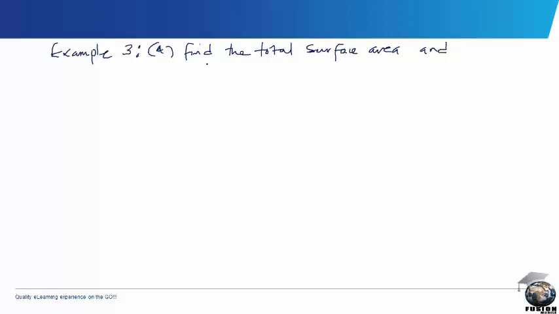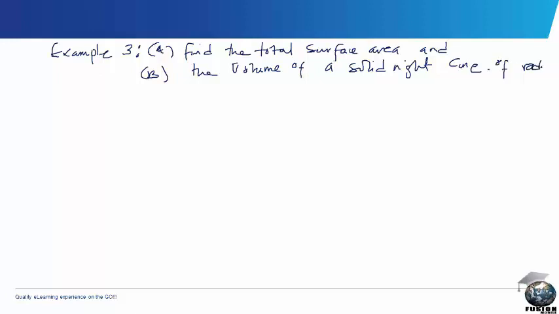Take another example. Example 3. Here we are told to find the total surface area, and B, we are told to find the volume of a solid right cone of radius 3.5 centimeters and height of 12 centimeters.